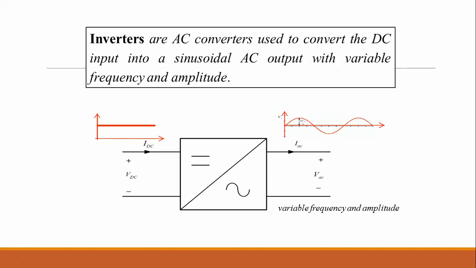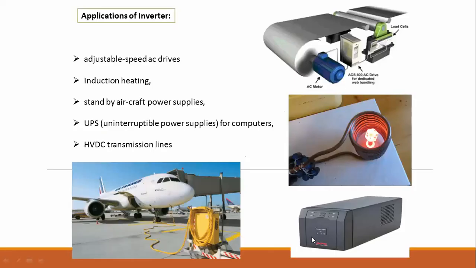Their input is DC voltage and their output is AC, so the output AC that we are getting has variable frequency and variable amplitude. The block diagram shows a converter whose input is DC voltage and DC current, and whose output is AC current and AC voltage, with variable frequency and variable amplitude.